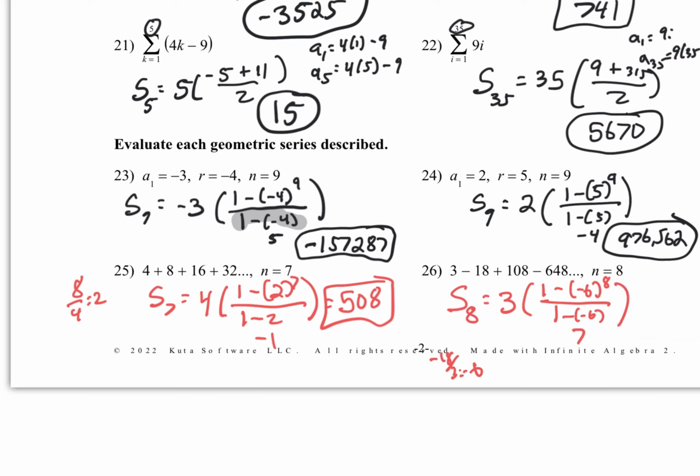So 1 minus negative 6 raised to the 8th divided by 7 times 3, negative 719,835. There you go. So there's the review.